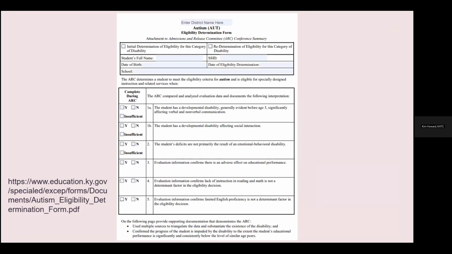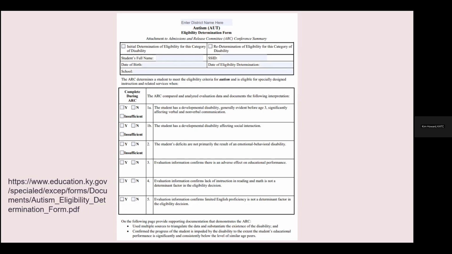All right, so this is our eligibility form, right? Specifically for autism, you are including these specific parts, and we'll go more into depth as we walk through this. But some of the things that we're considering are, does that student have a developmental disability, right? Generally evident before age 3, and it's significantly affecting verbal and nonverbal communication, right? So we'll talk a little bit about what is nonverbal communication in a bit. Does that student have a developmental disability affecting social interaction, right?